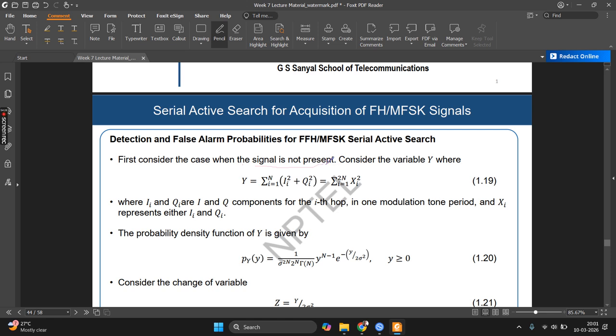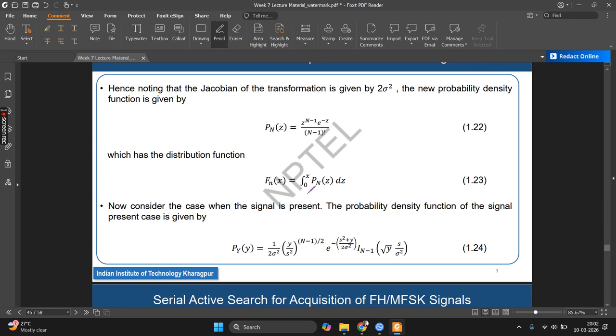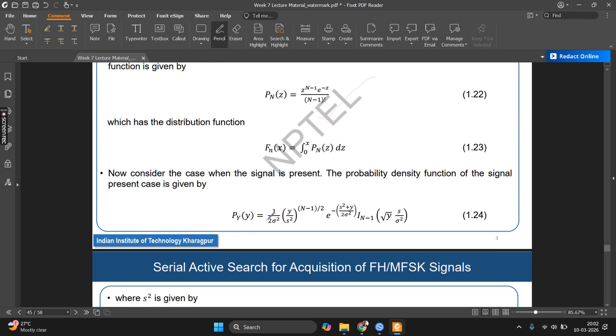So first we consider the case when signal is absent, signal is not present. Then your in-phase and quadrature are nothing but noises. So in-phase square plus quadrature square will be Gaussian square plus Gaussian square, so you will get something like a gamma distribution. Now, if you take a variable transformation, you will get something like this. So this is your pure noise. Now when the signal is present, again you will get a gamma distribution, but this gamma distribution will be scaled by the signal S. So you will get something like this.